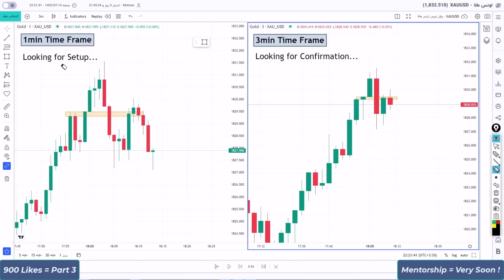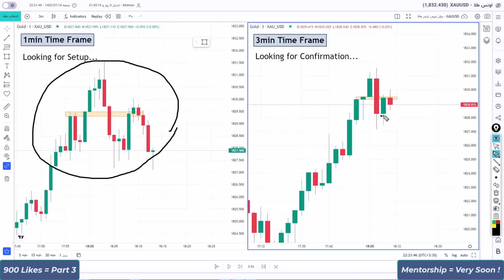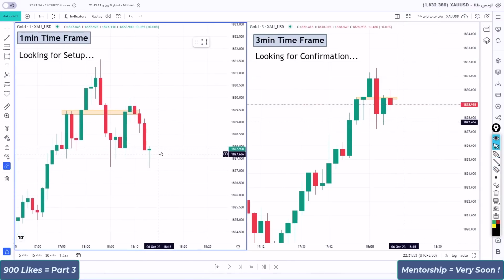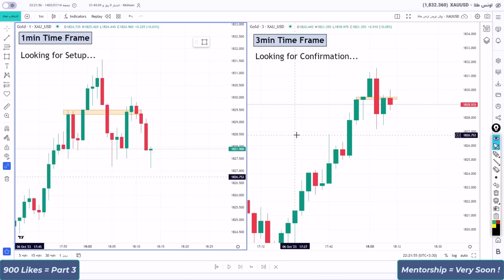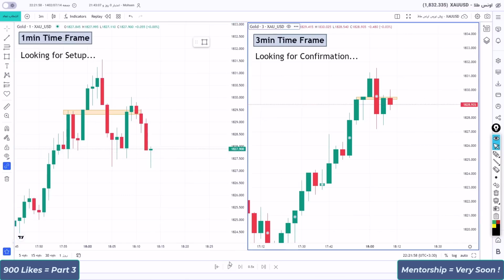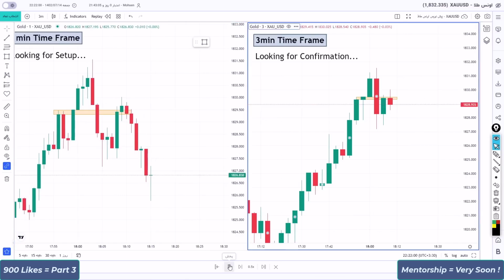Yes, it is. So basically, this QM right here is happening inside of this engulfing pattern. Is that clear? Now I think you have an idea what's happening. So let's just play it.